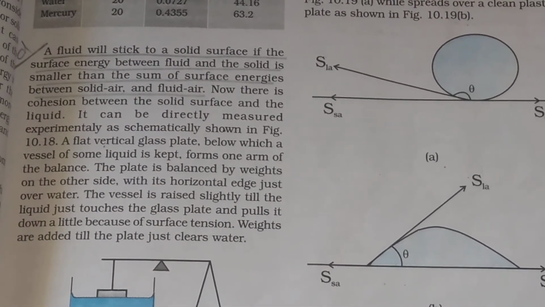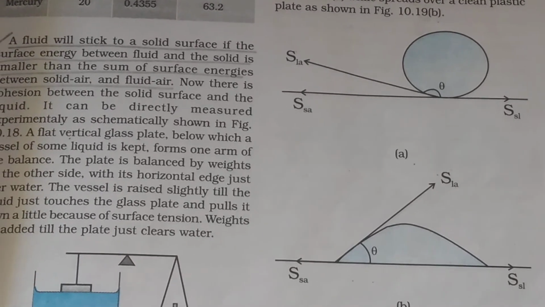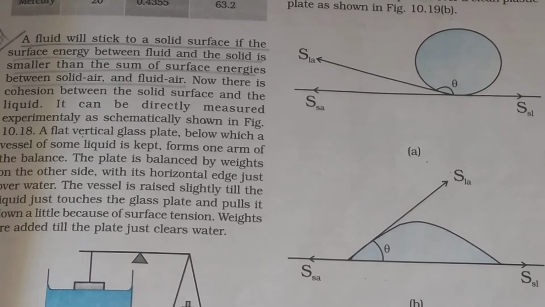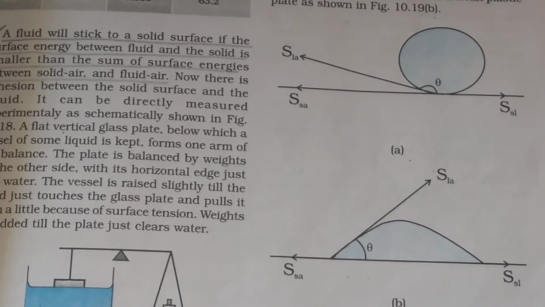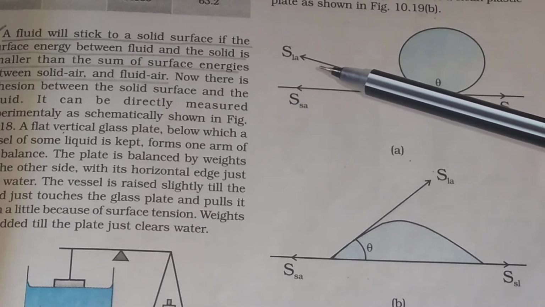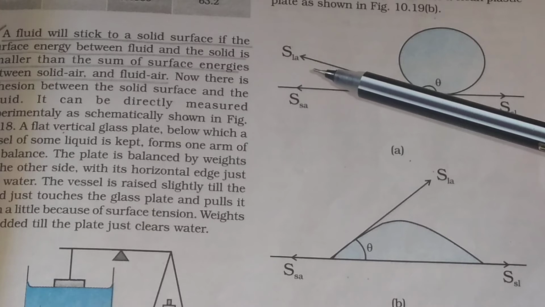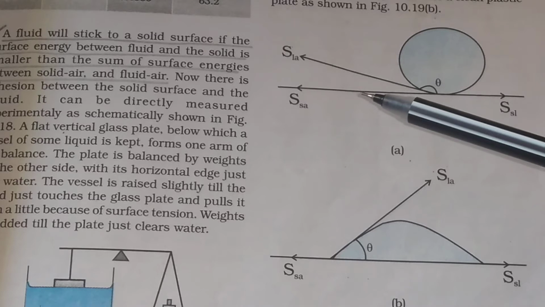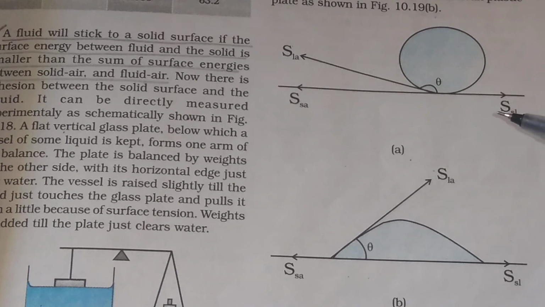Consider three interfacial tensions. Interfacial tension is the force of attraction between the molecules at the interface of two fluids. Here you see S_LA, the interfacial tension between liquid and air, S_SA, the interfacial tension between solid and air, and S_SL, the interfacial tension between solid and liquid.